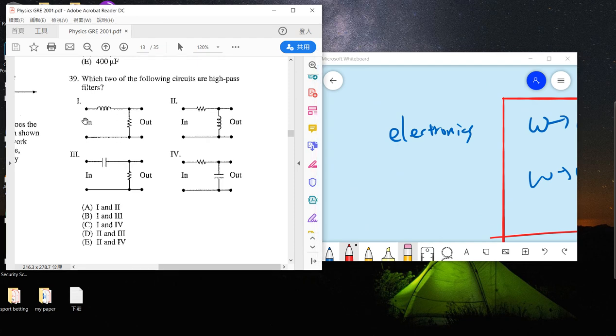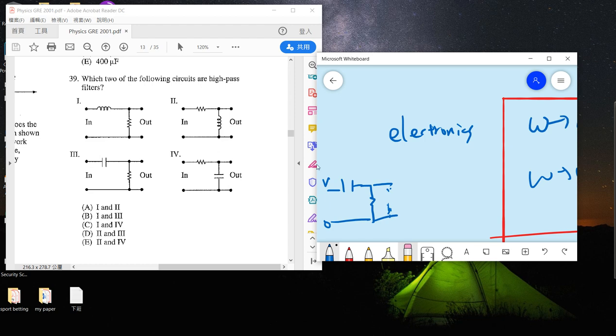Okay, so when omega is very high, the inductor looks like what? It looks like open, right? So the first one looks like open, and then there's 0 and V. Then what is V out?